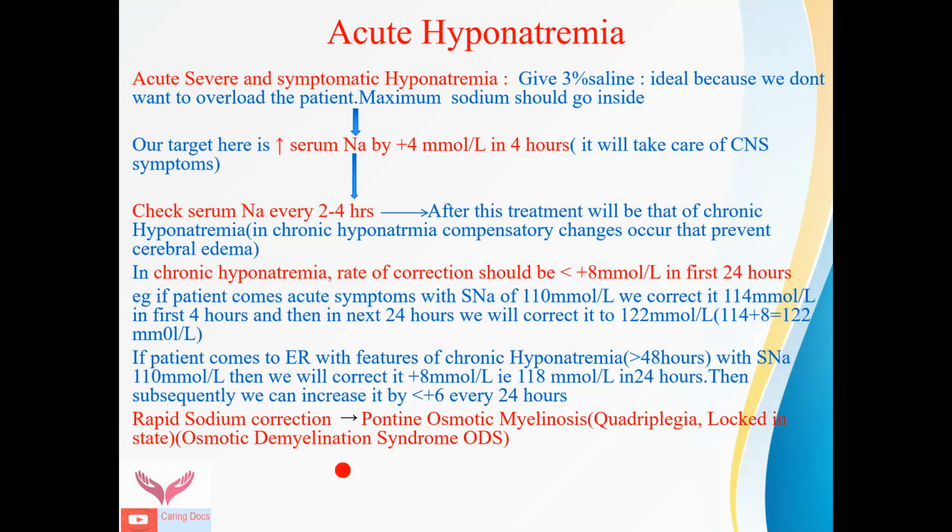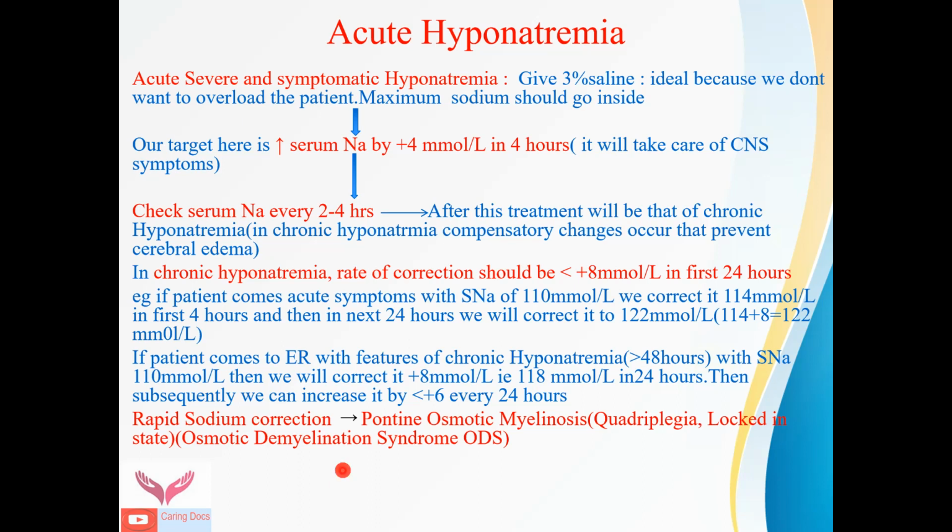So whenever a patient of acute severe symptomatic hyponatremia comes to us, always give 3% saline. It is because we don't want to overload the patient. So our aim should be that maximum sodium should go inside.